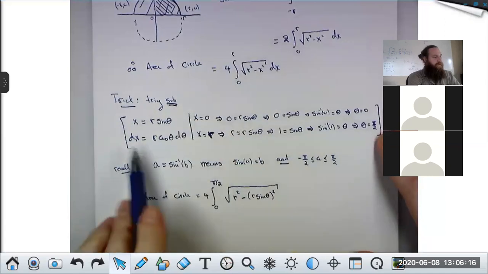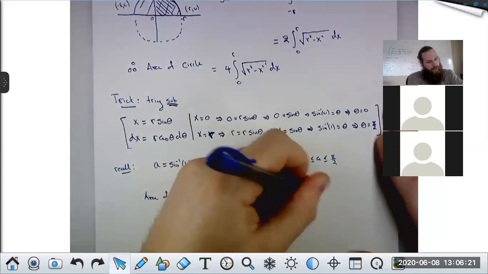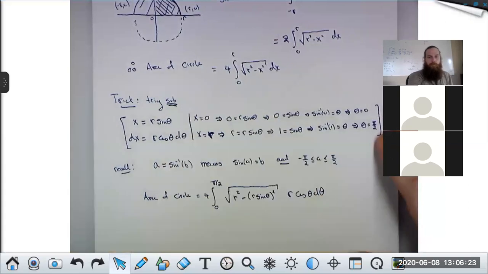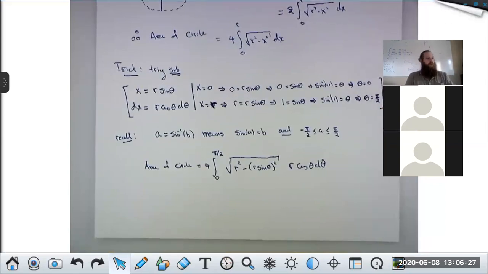And then dx is r cos theta d theta. The magic of this substitution is that this square root will clean up nicely.